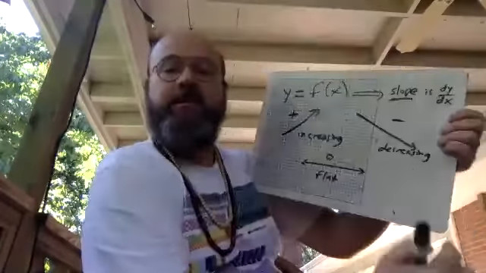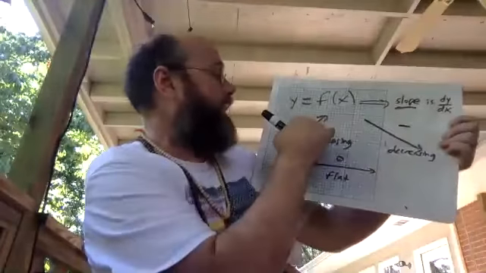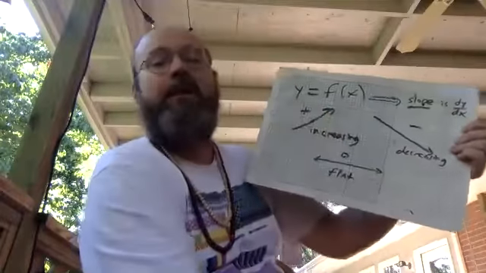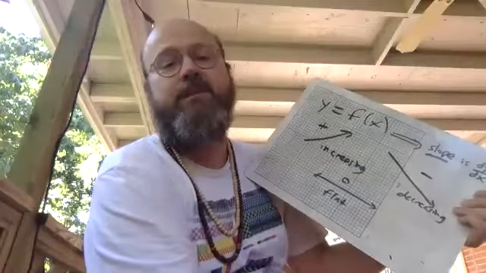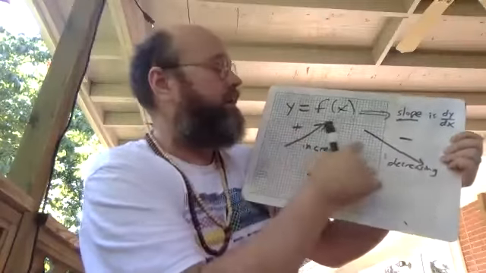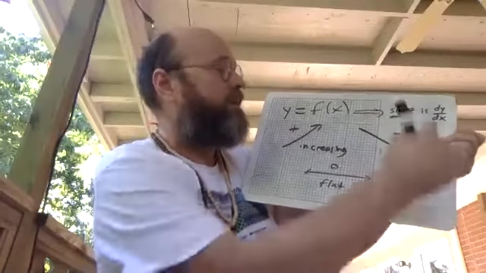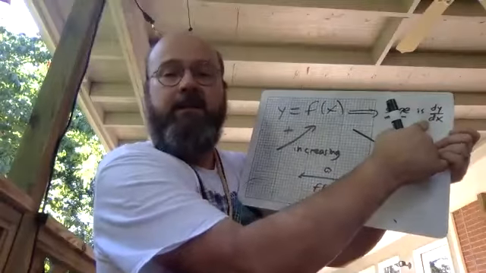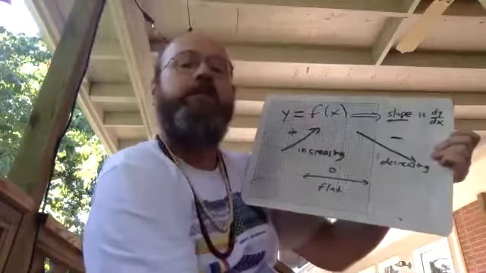This is the same as saying, if you know the slope, how do you know if the line is increasing or decreasing? Well, you just look at the sign. If the slope is positive, your line's rising. If the slope's negative, it's decreasing. Same thing with the derivative. If the derivative is positive, the function's increasing.